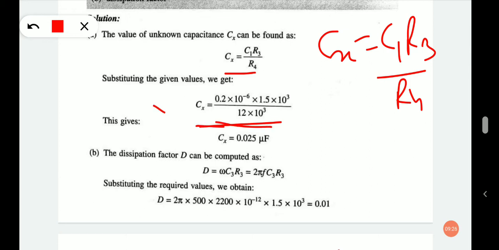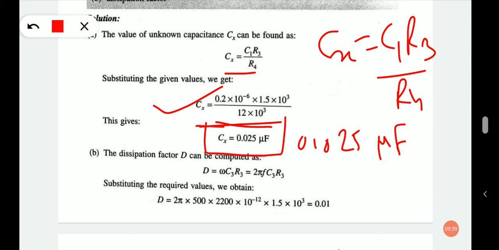After calculating this, we will get Cx, that is the value of the unknown capacitor, as 0.025 microfarad.